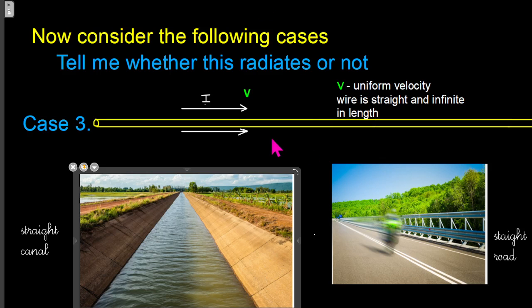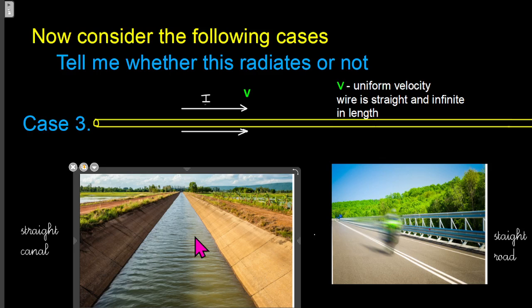In the third case, you have the conductor, you have the current, but it is moving very smoothly with a uniform velocity. Here also you have the straight canal, so the water is flowing very smoothly. So there won't be any possibility of leakage of water outside this canal.